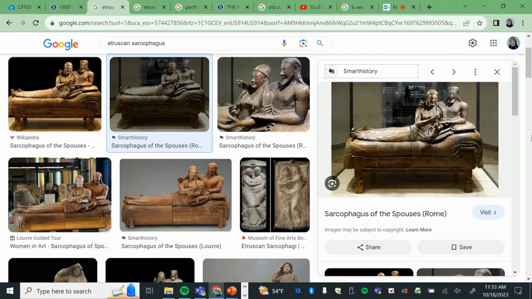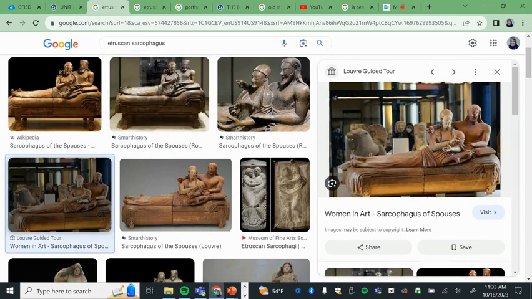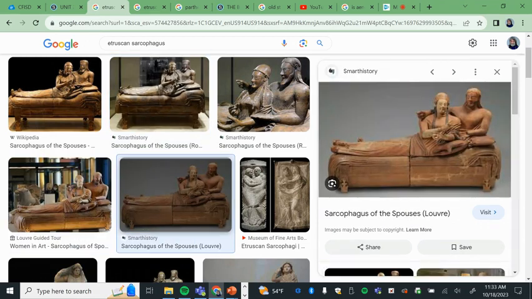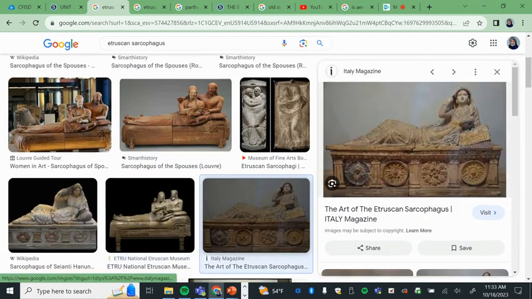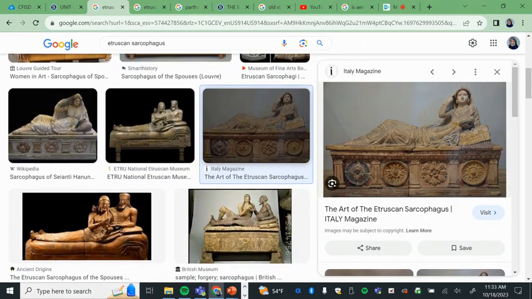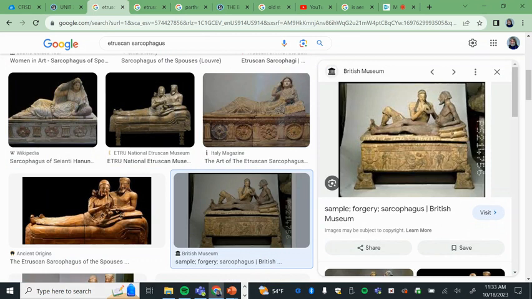The Etruscans housed ashes. It was very often that the Etruscan sarcophagus would have a portrait of a husband and wife on there, and inside would be the ashes of the husband and wife. So it was very common for these to have several figures in a reclining pose or a single figure in a reclining pose. That's what Etruscan sarcophagi looked like.